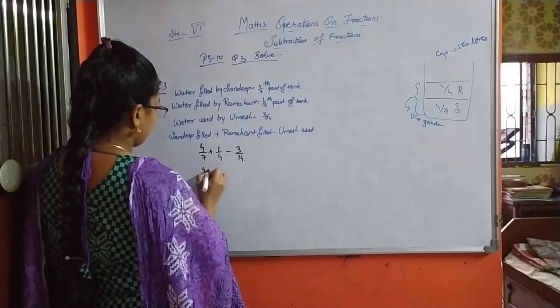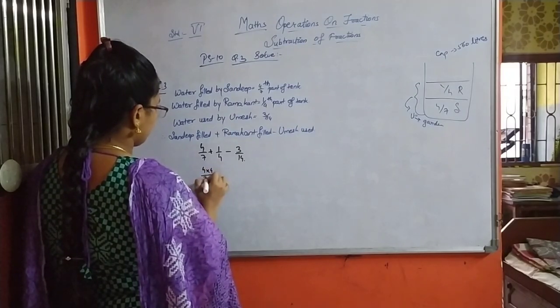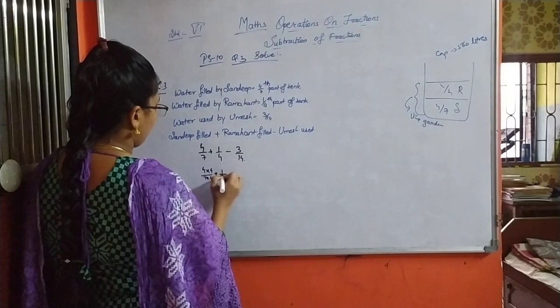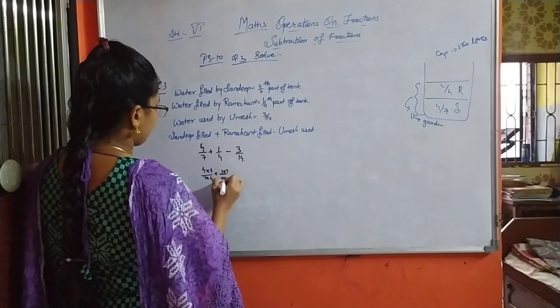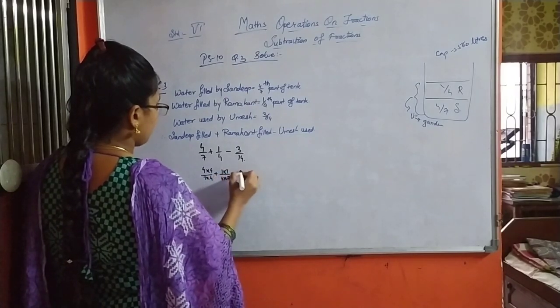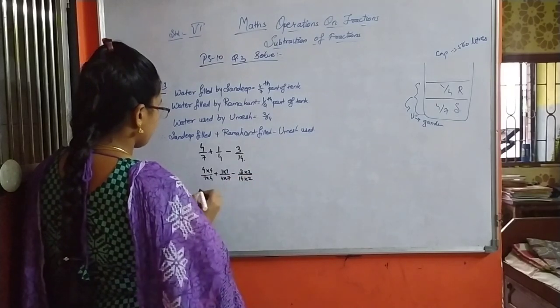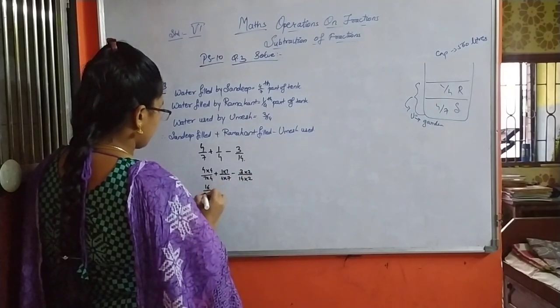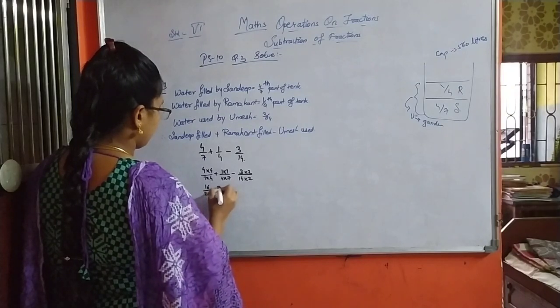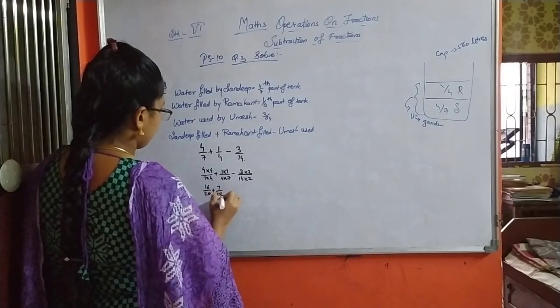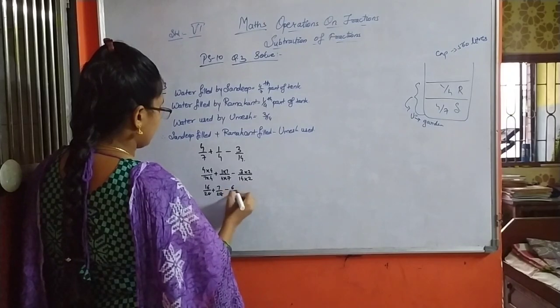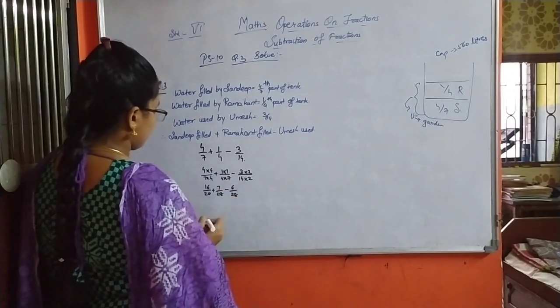So I'll take up 4 into 4 upon 7 into 4, 1 into 7 upon 4 into 7, minus 3 upon 14 into 2, 3 into 2. That is 4 4s are 16, 7 4s are 28, 1 7 is 7, 4 7s are 28, 3 2s are 6, 14 2s are 28.